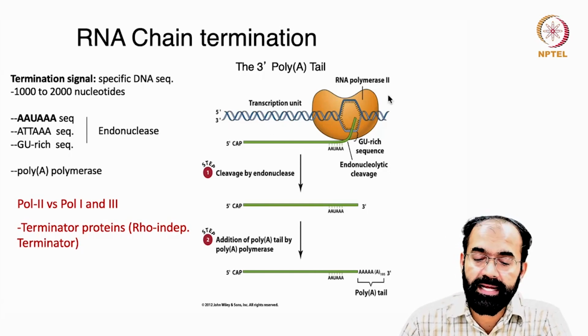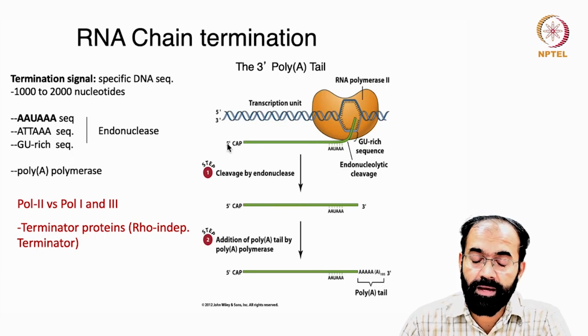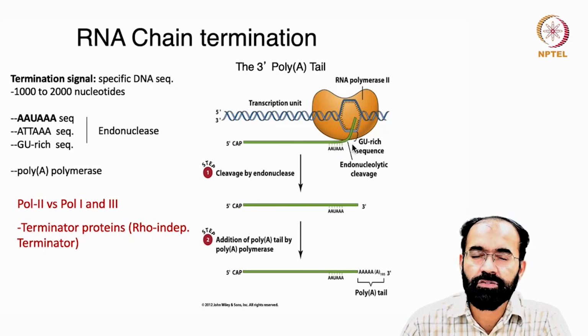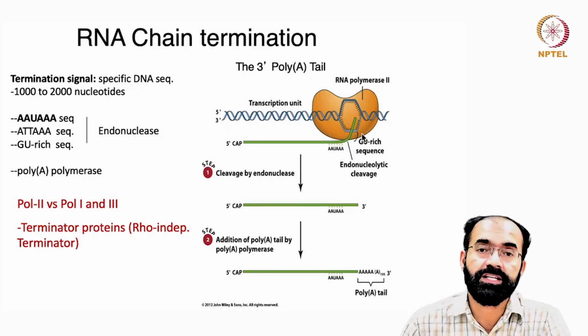The 3' poly A tail has to be formed soon after the transcription termination. There is a 5' 7-methyl guanosine cap, then there is an AAUAAA signal, and soon after that, around 16 to 18 bases downstream of this signal, an endonucleolytic cleavage happens, and much further downstream you have a GU rich sequence.